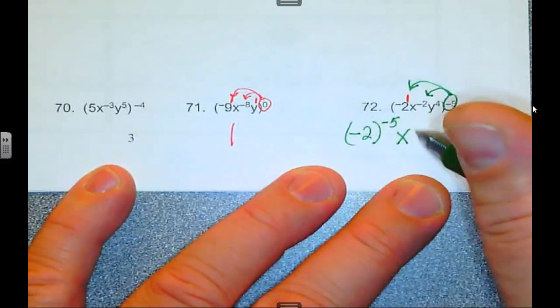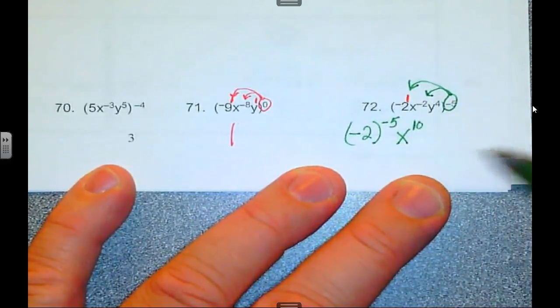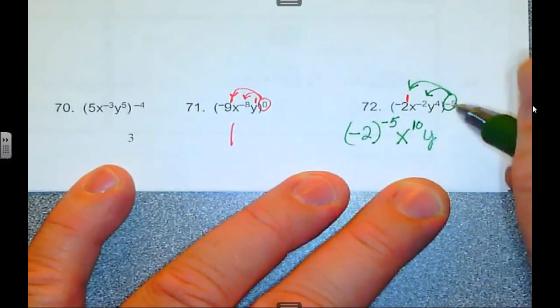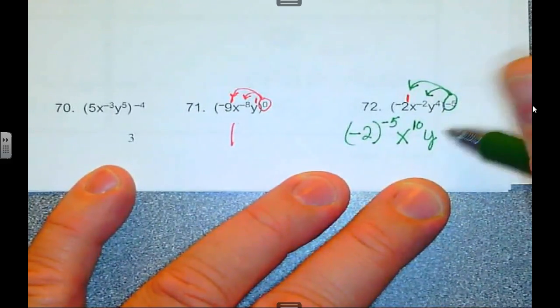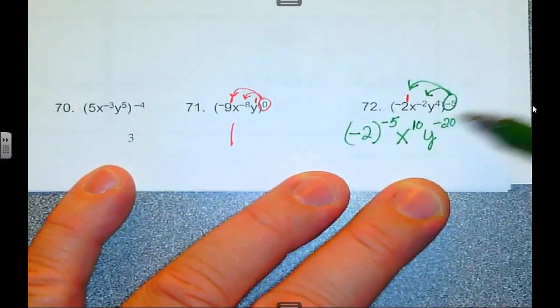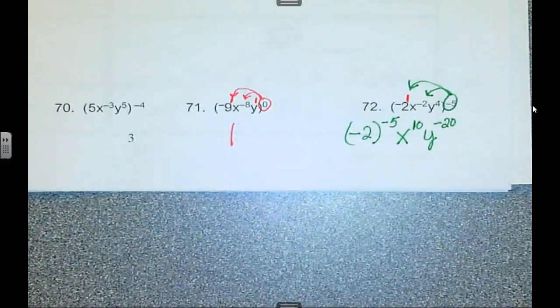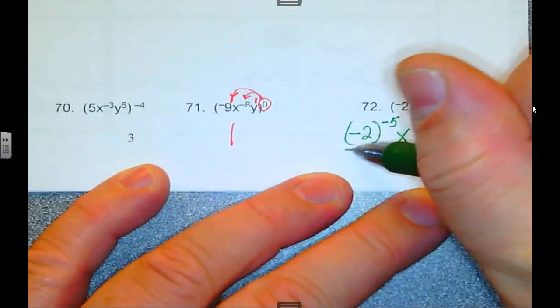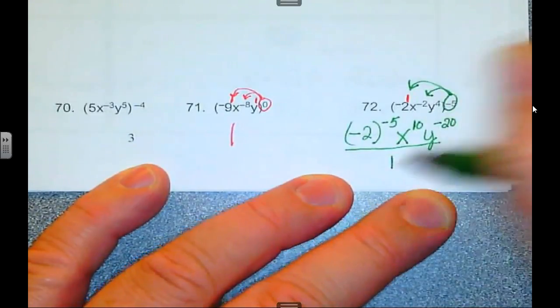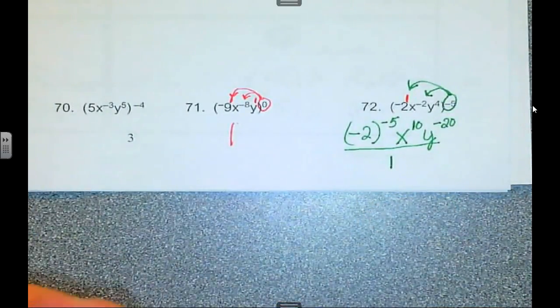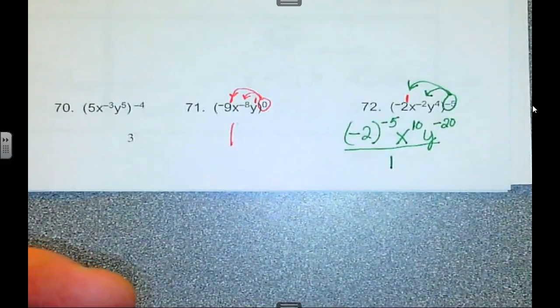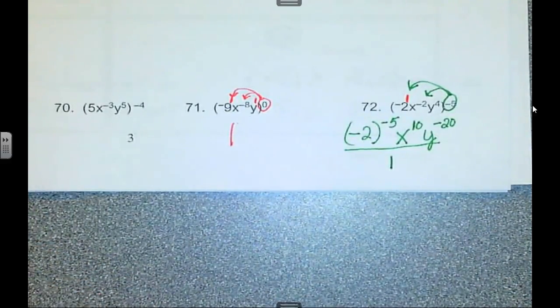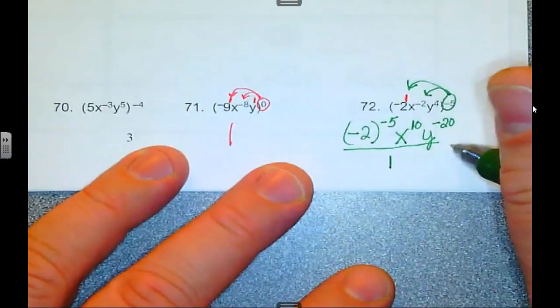Negative 2 times negative 5 is positive 10. And y to the 4 times negative 5 is negative 20. Now remember, I can't leave negative exponents in my answer, right? Now I'm going to put this all over 1. After a while, you're probably going to end up doing this step in your head, but for now, let's go ahead and do it.